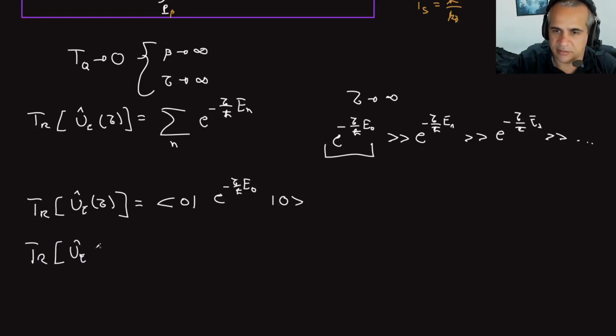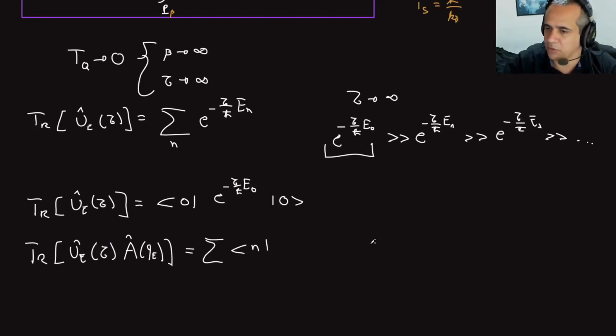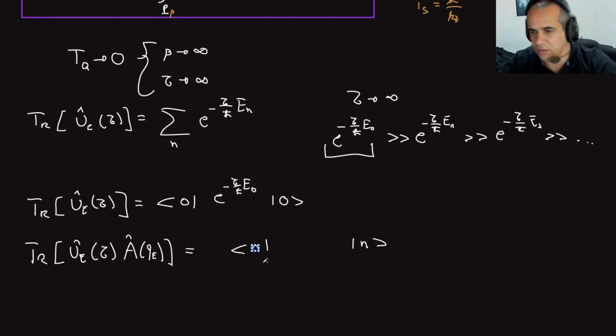And the same happens here. If I take this quantity that goes into the numerator of the expectation value for A, I would also have a sum over states with A and U here. But now the sum goes away because this is dominated by the vacuum. So you have, again, U acting on these states. This exponential goes outside.